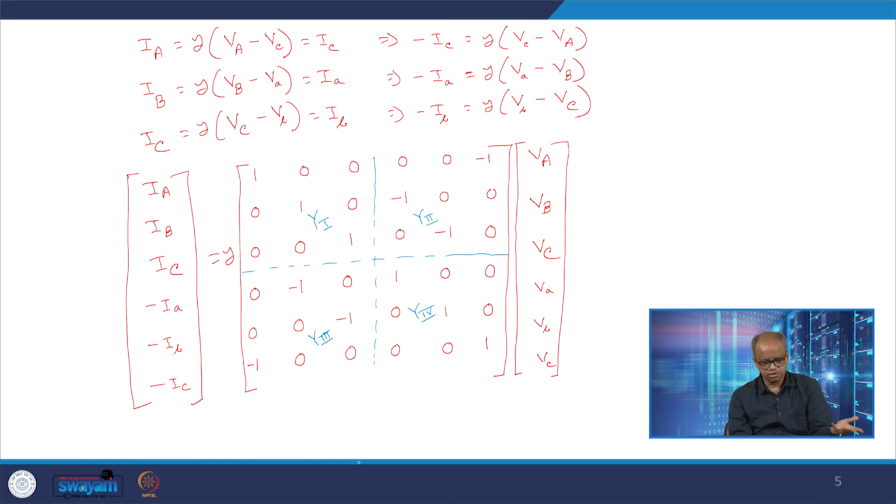So, this is the partitions, and you can notice that Y2 and Y3 are transpose of each other. Y1 and Y4 are of course identity matrices here, but please kindly note that it is not necessarily that Y1 and Y4 would always be transpose of each other. No, it depends on the kind of connections.